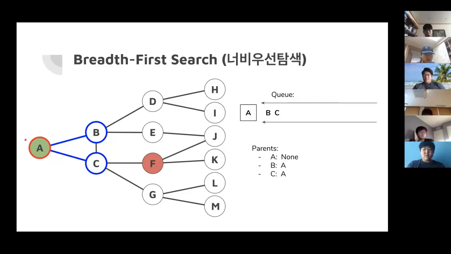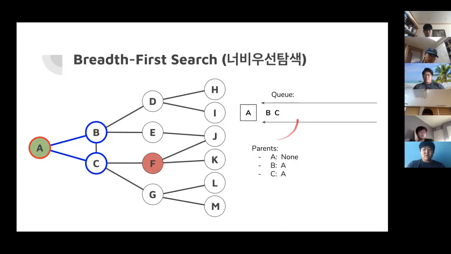We popped out A, and since A is connected to B and C, we added B and C into the queue. So we can say that B and C are children of A, and A is the parent of B and C, as in B and C exist in the queue because of A, just as we exist because of our mother and our father, our parents, right?